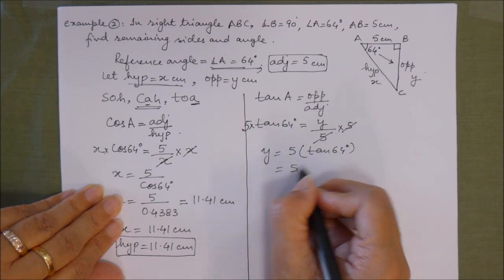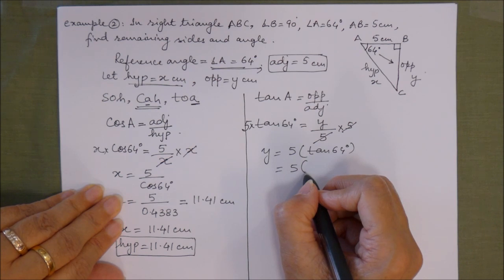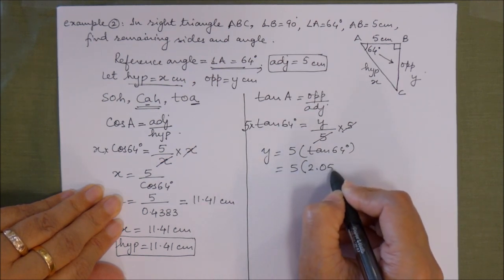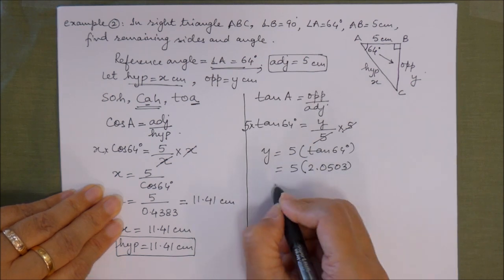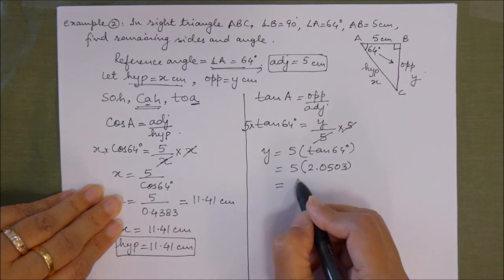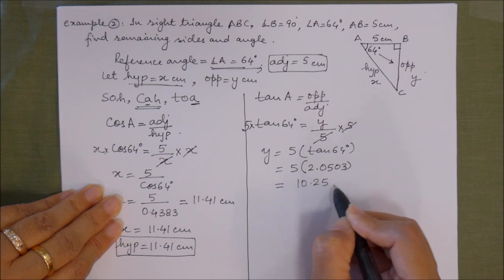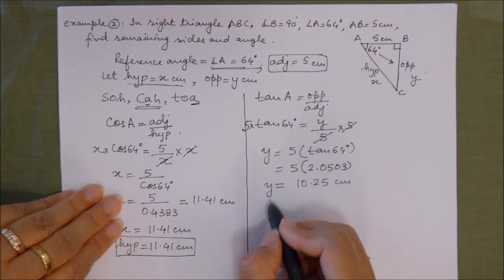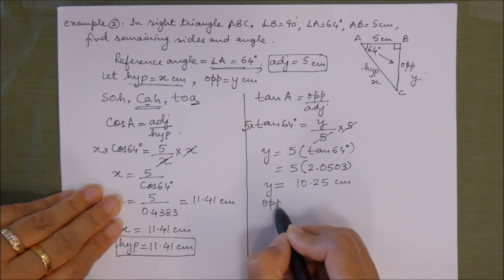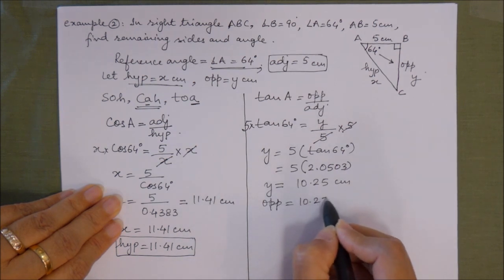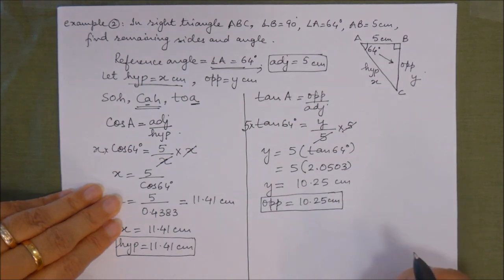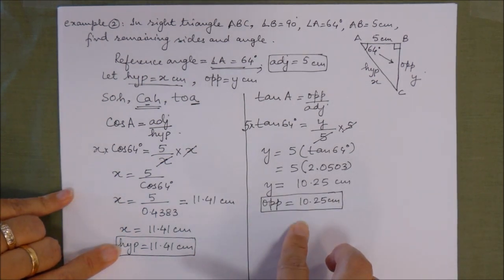So tan 64 degrees is 2.0503. When we multiply this, it is 10.25. So y is the opposite side, so we write the opposite side is 10.25 centimeters. So we have found the two sides of the right triangle which were not given.